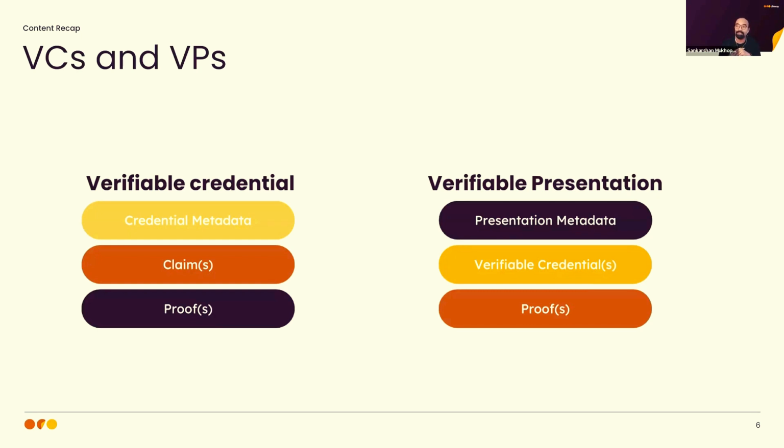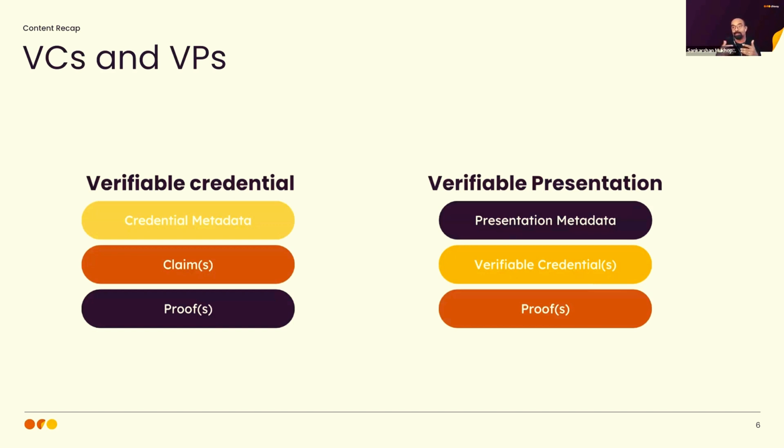Now, verifiable credentials could be issued by an issuing organization, or they could also be issued by oneself, like a self-attested verifiable credential, just like there are self-attested documents that we use sometimes these days. The other very cool thing about verifiable credentials is that multiple verifiable credentials can be composed together to make a verifiable presentation.